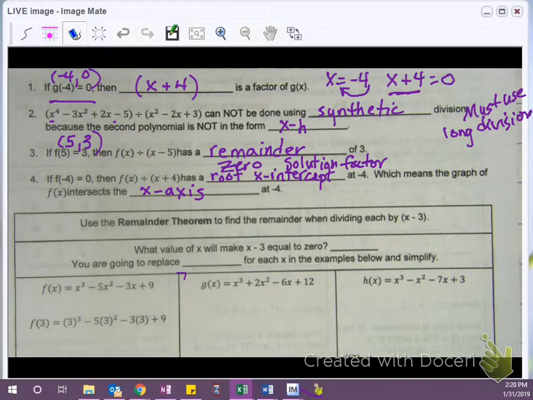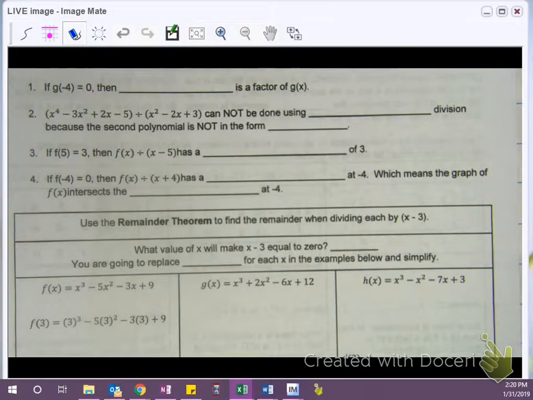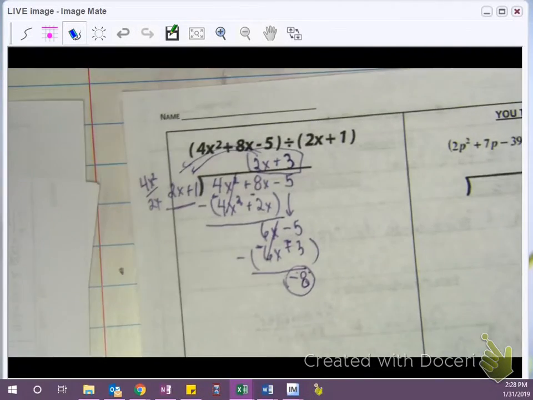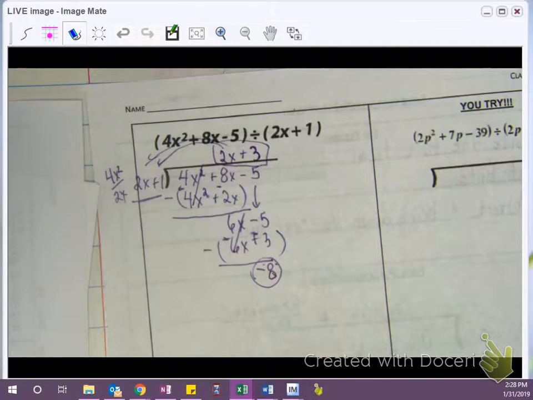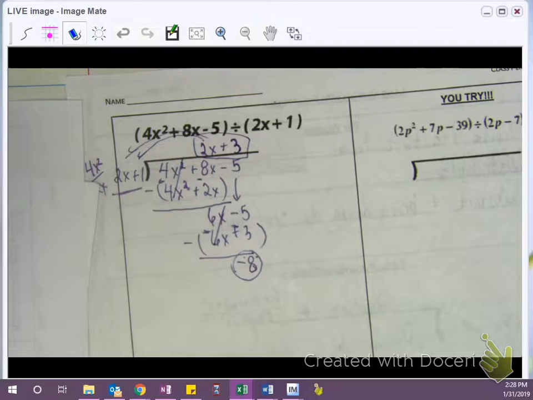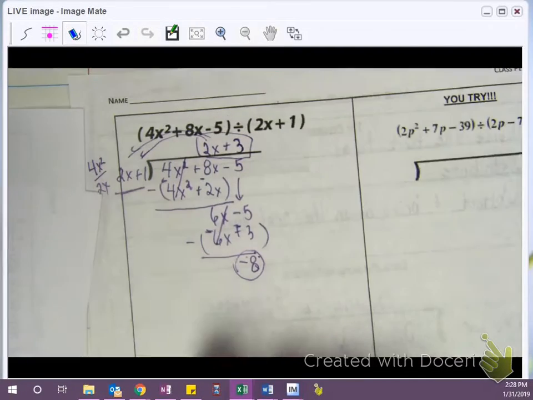Right. So now I'm going to give you an example of number 3 from one of the problems that you worked on your homework. So if we look at this problem, this is actually one we did in class last time. It has a remainder of negative 8.